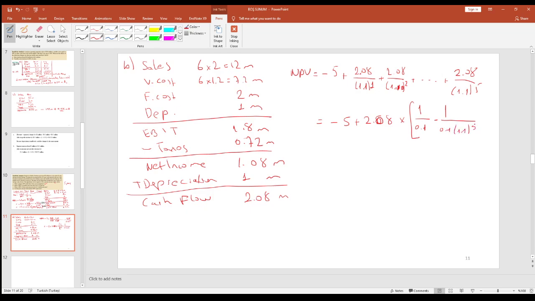This is present value annuity factors in an open formula, or you may use factor tables for present value annuity factors at 10% for 5 years. So the result of these three is equal to 2.9 million. Okay. So this is B, and let's turn back here.